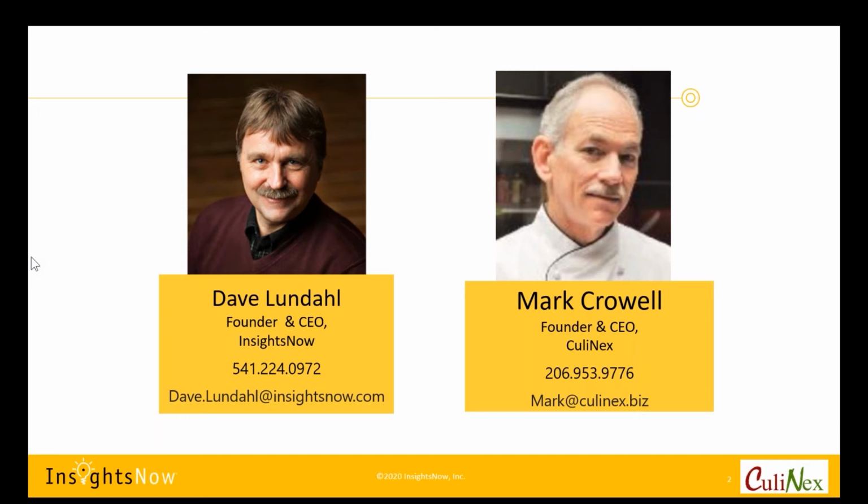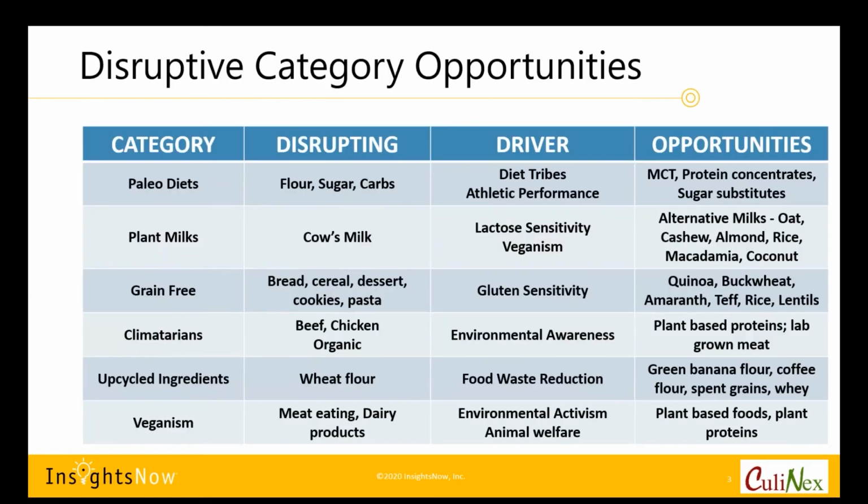So we talk about disruptive categories, and we've got a few examples here for you. You can see on the left-hand side of this slide, paleo diets, plant-based milks, grain-free products, climatarians, upcycled ingredients, and veganism. Each of these categories is disrupting something.